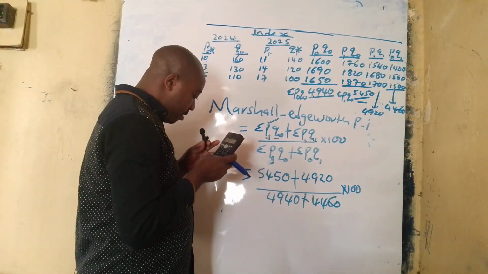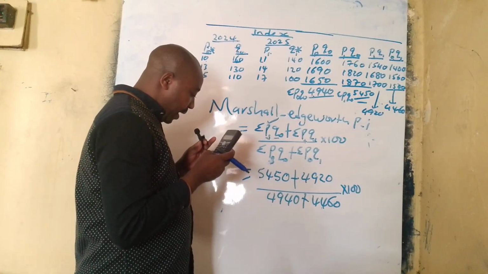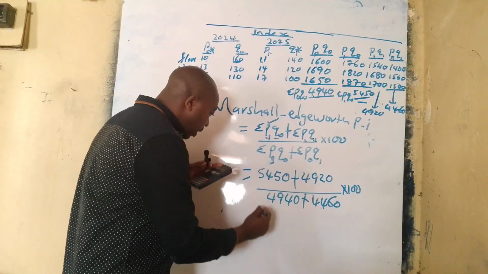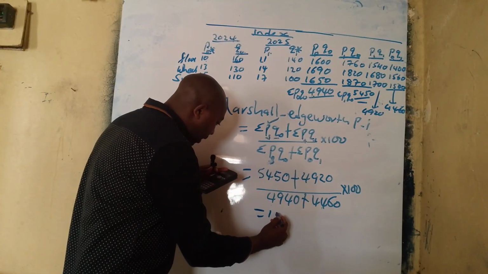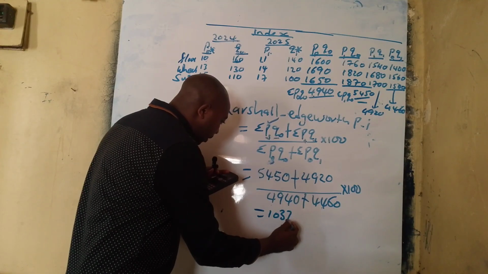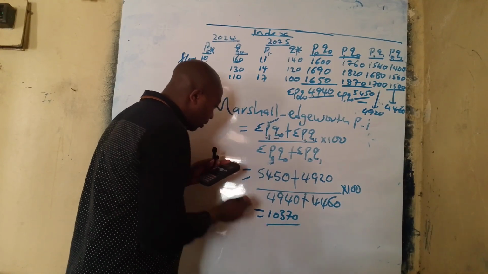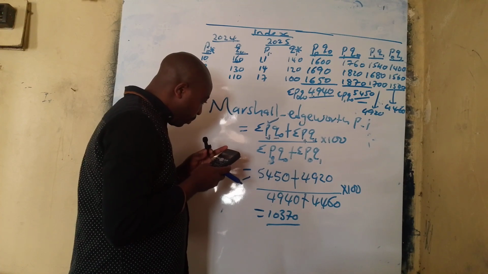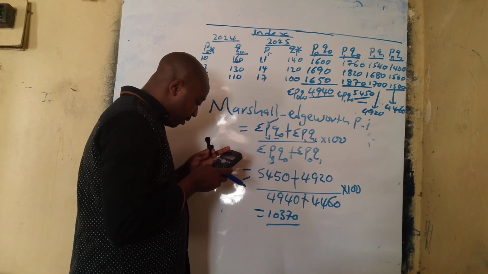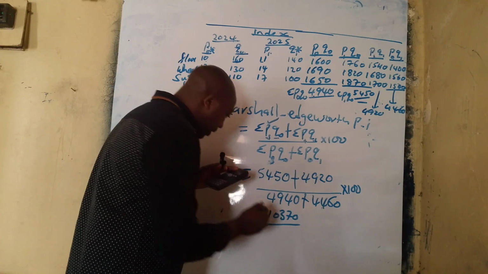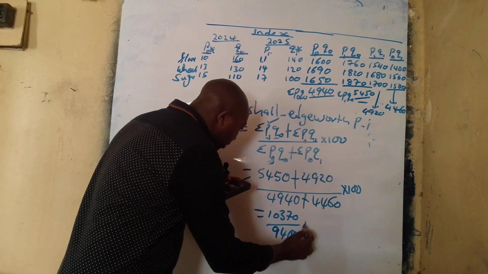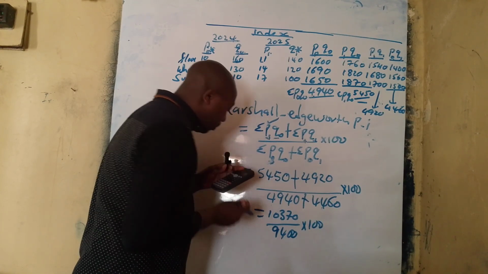Take 5450 plus 4920. The numerator is 10,370. 4940 plus 4460, that is 9400. Multiply.